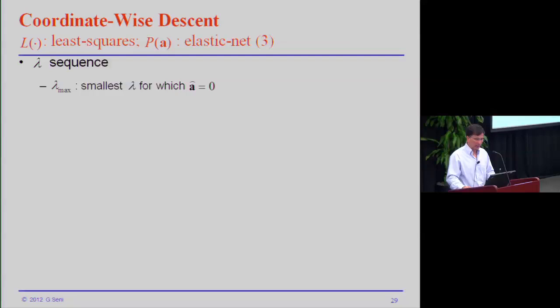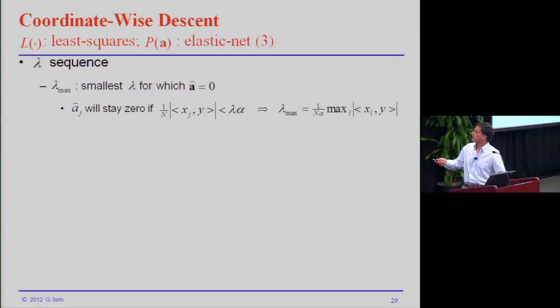Instead of lambda equal to infinity, we say lambda max is the smallest lambda that keeps all the coefficients equal to 0. By the definition of the soft thresholding operator that we had a couple of slides ago, it's easy to see that the coefficients will remain 0 if this is true. And so we simply solve here for lambda max, so this alpha comes here to divide.